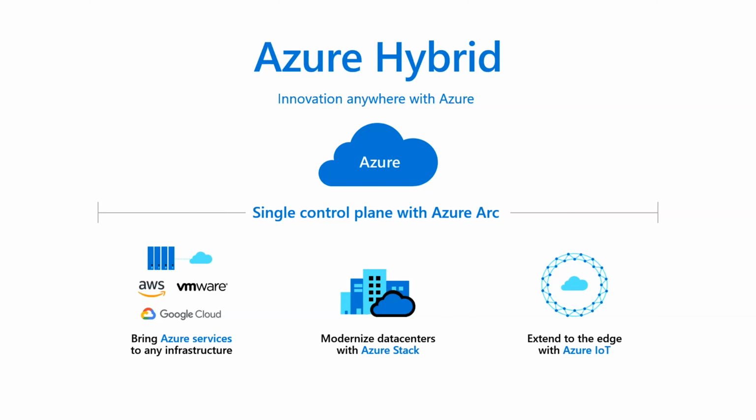That anywhere could be their data center, it could be at the edge at different node locations, and it could be in AWS, Google Cloud, and other cloud locations as well. We make that possible with the combination of Azure Stack HCI and Azure Arc. Azure Arc is our offering that makes the Azure Stack HCI hybrid solution.